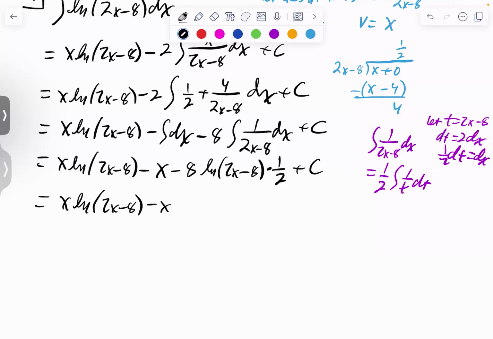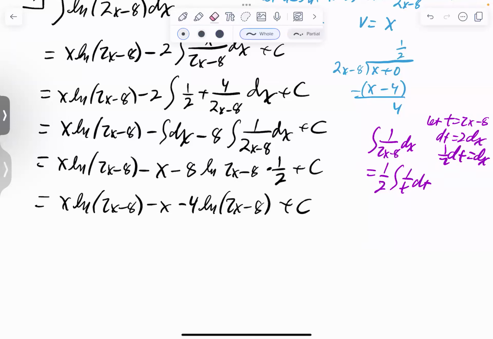The 8 gets cut in half, so that becomes minus 4 ln of 2x minus 8. And actually, I should be clear, these should be absolute values. And all of that is our answer for number 3.